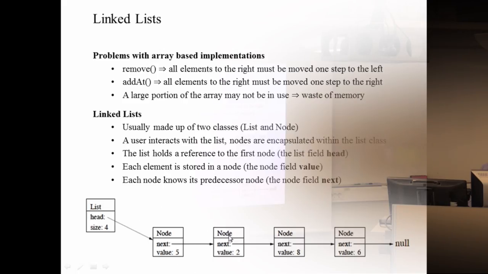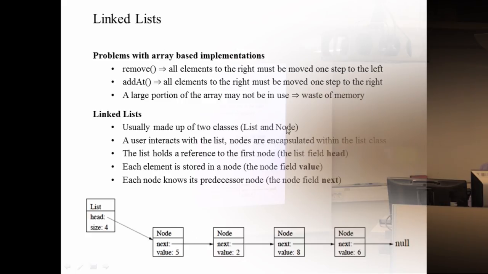So these nodes can be 0 or more, and it means that to implement a data structure using a linked list, we usually need two classes. One is to have a general starting point of the list, and then we have a node class which maintains the values or the data. And in this node class, we also have a pointer to the next node.